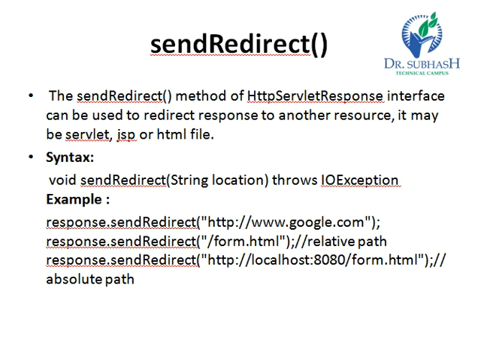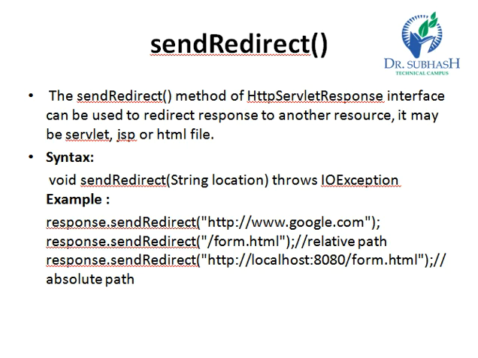When we call the forward method on the request dispatcher object, it passes the request and response objects. So our old request and response objects are present in the new resource, which is going to process our request, while in the sendRedirect method, the old request and response objects are lost because it is treated as a new request in the browser.